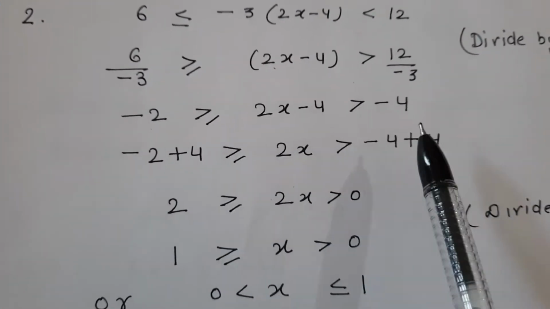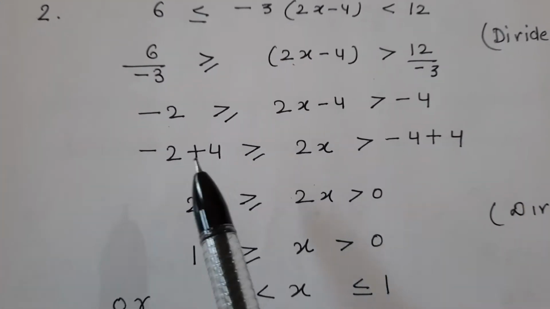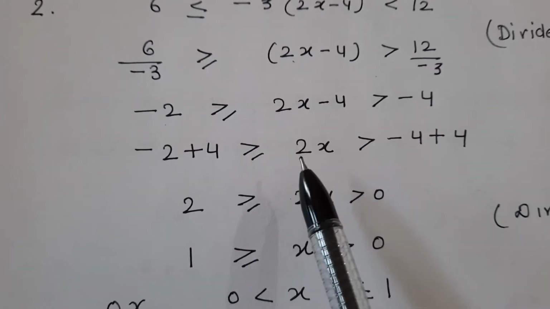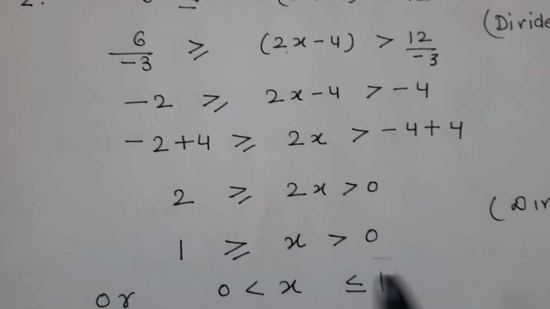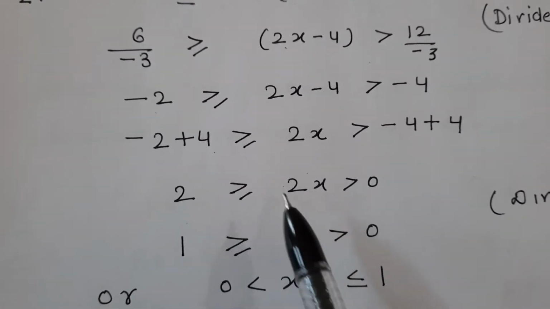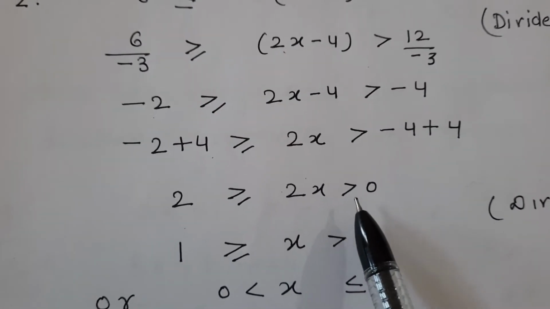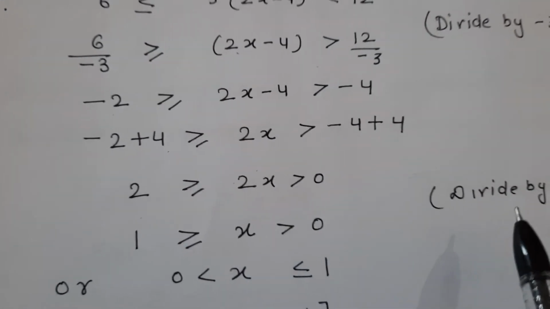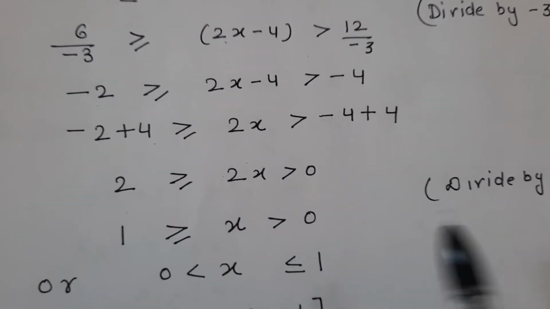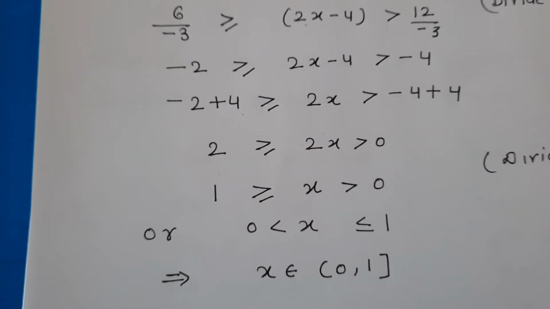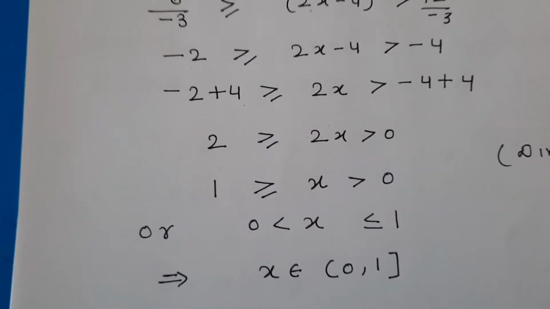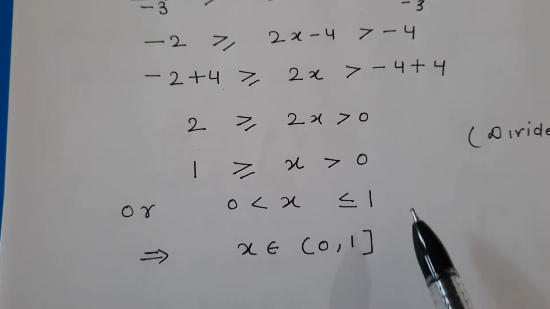Now we add 4 on all sides. So you'll get minus 2 plus 4 is greater than or equal to 2x is greater than minus 4 plus 4. This is 2 is greater than or equal to 2x is strictly greater than 0. Now if we divide by 2 on all sides, 2 is a positive number, so sign of inequality will remain same. We get 1 is greater than or equal to x is strictly greater than 0.